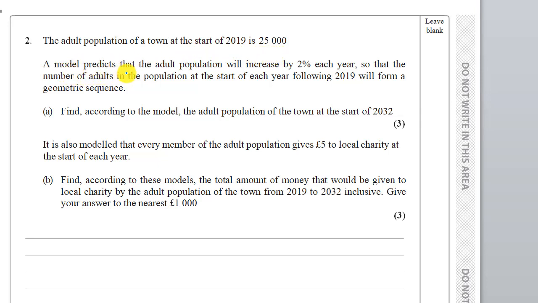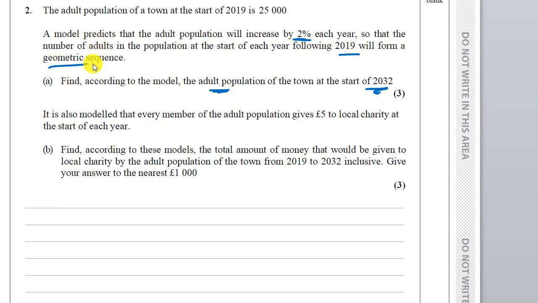Our model predicted that the adult population will increase by 2% each year, so that the number of adults in the population at the start of each year following 2019 will form a geometric sequence. Find, according to the model, the adult population of the town at the start of 2032.